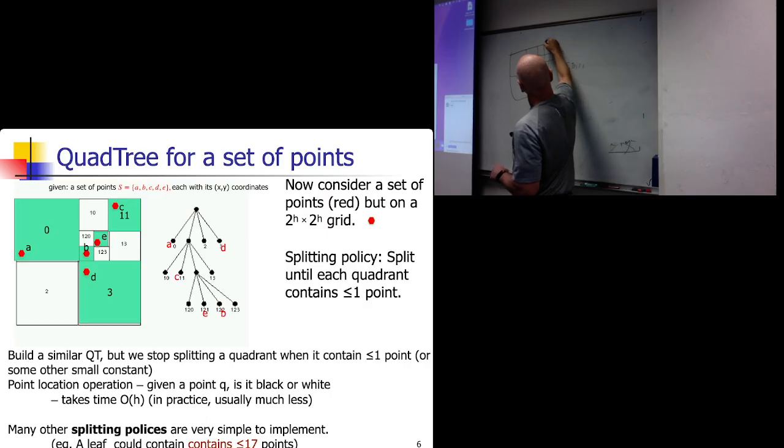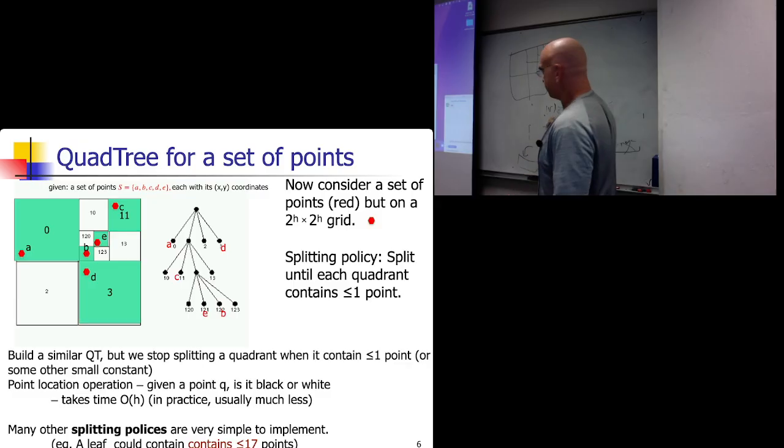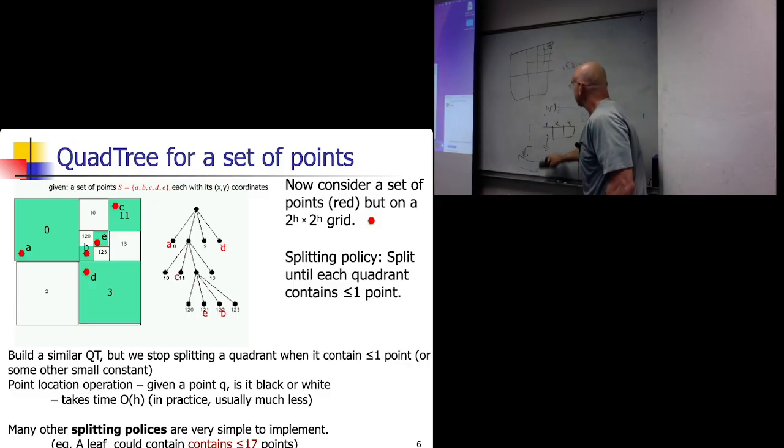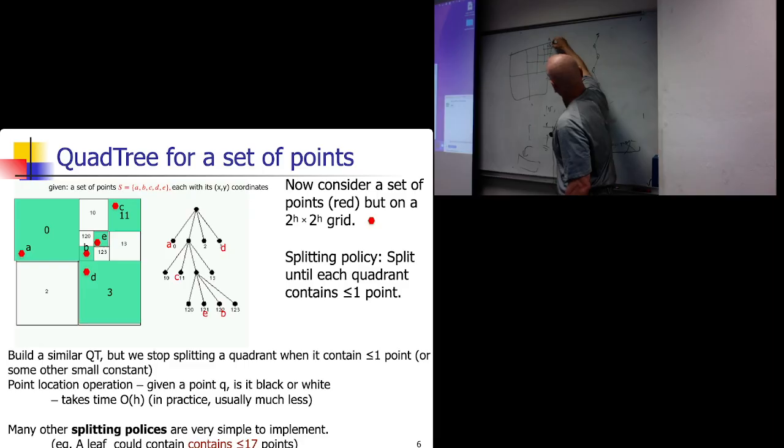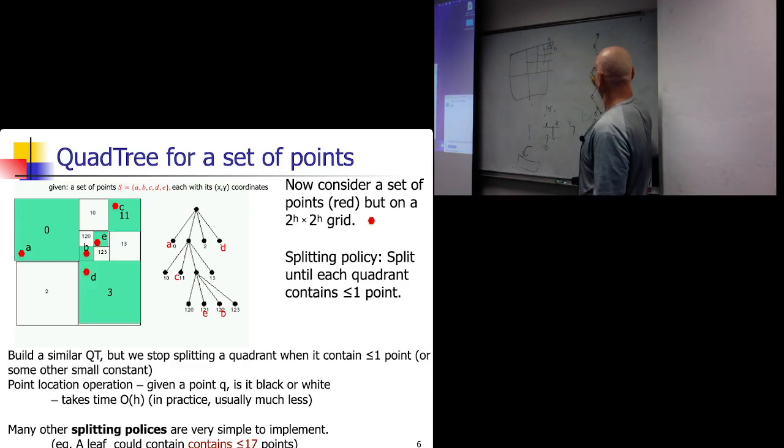I'll have to split them until eventually, only at the very last level, I can split them into A and B over here, where this node essentially has three null pointers, three empty leaves, and only one non-empty leaf.